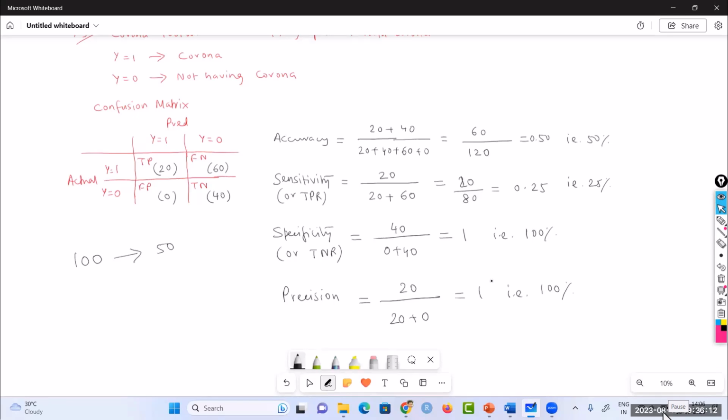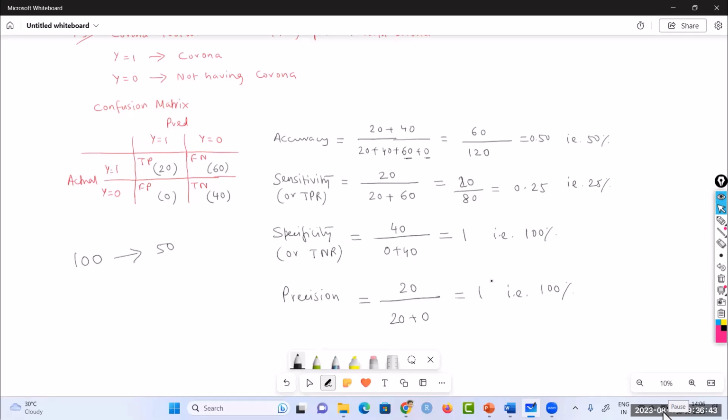So accuracy is 50%. But here there is a large difference. False positive is 0, whereas false negative is 60. That means here I have an imbalanced data set. So this accuracy is not able to identify this difference between false positive and false negative.